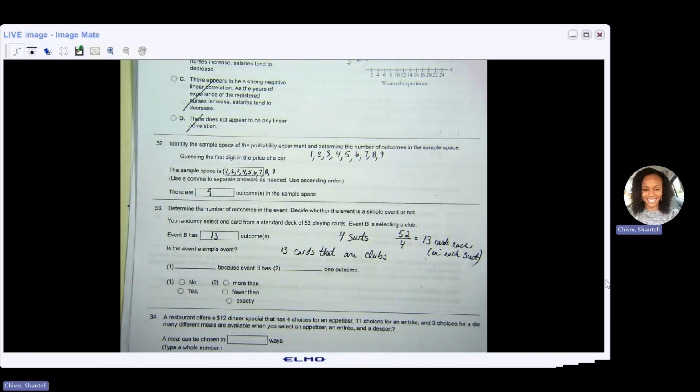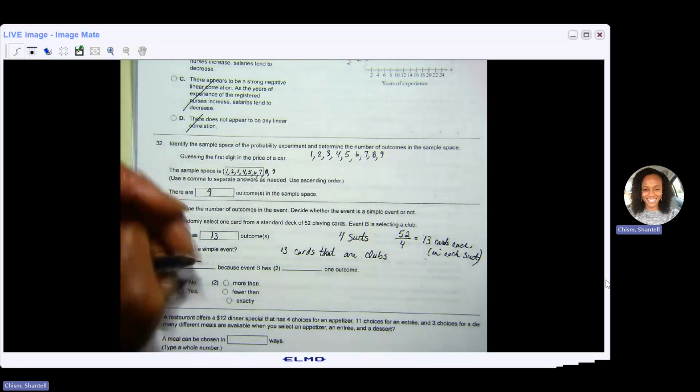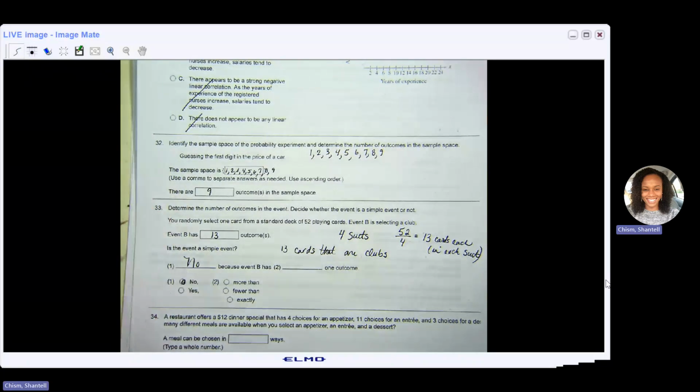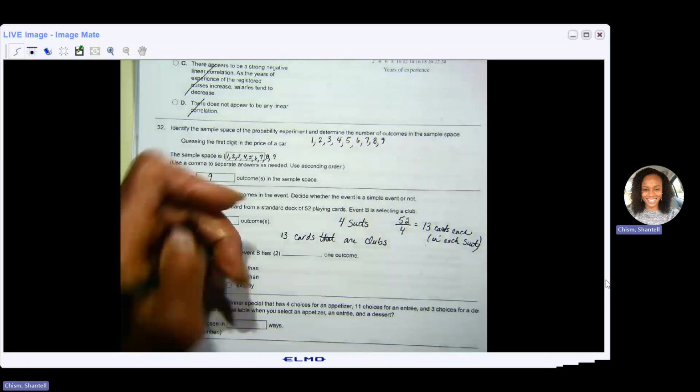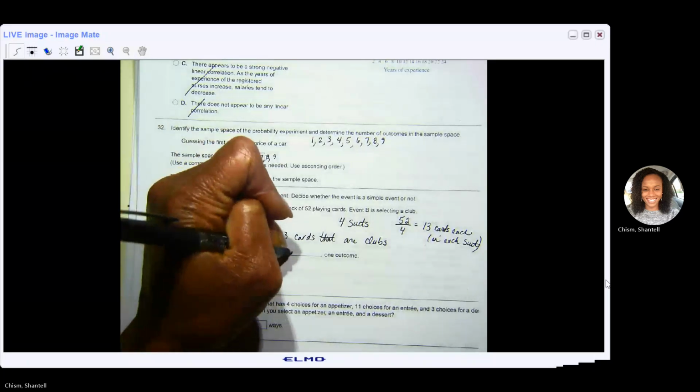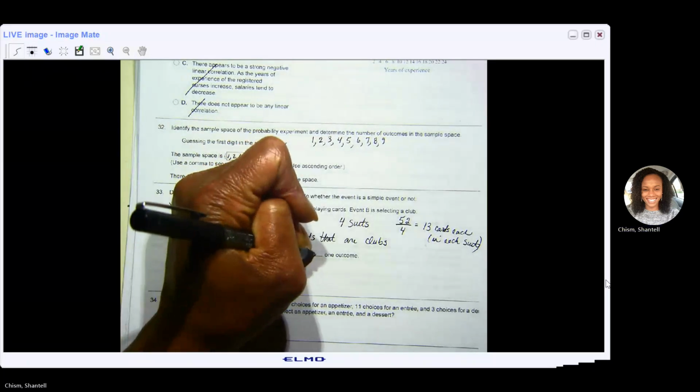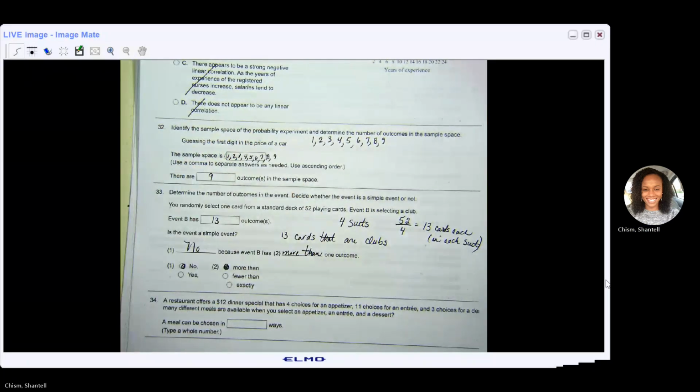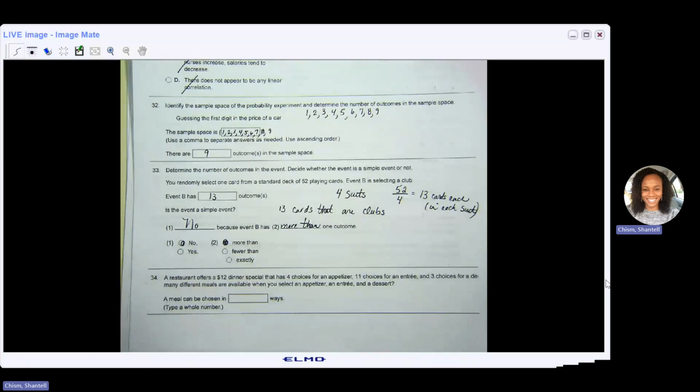So therefore, there's more than one outcome. Okay? So therefore, it's not simple. So is the event simple? We say no, because event B has more than one outcome.